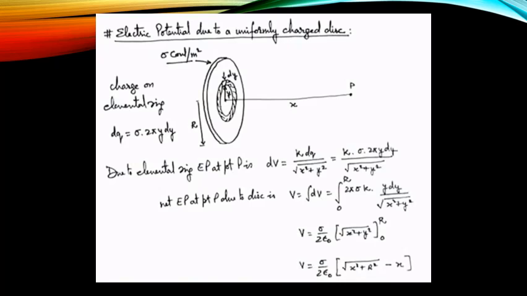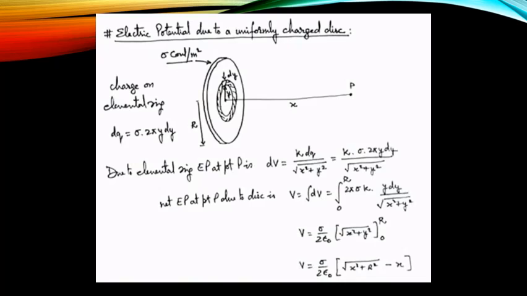So we get V equal to integral dV equal to integral of 2 pi sigma multiplied by k multiplied by y dy divided by under root x square plus y square. Here we have simply integrated the expression for elemental electric potential due to the ring.